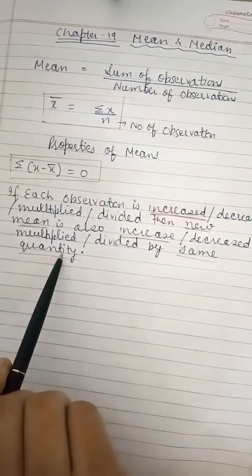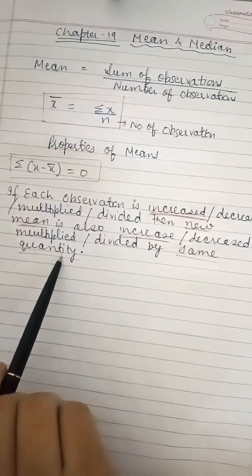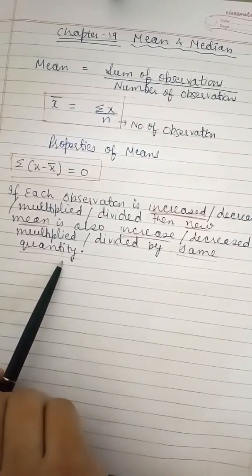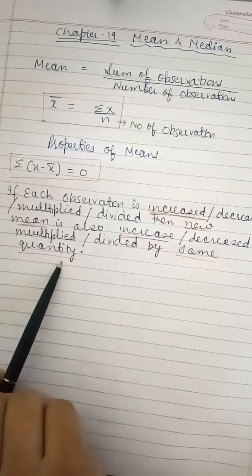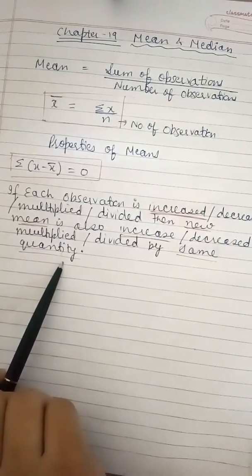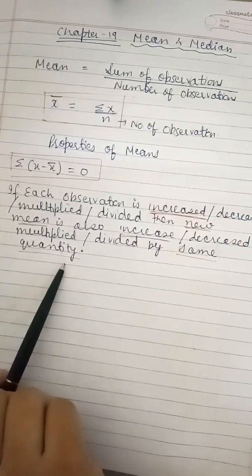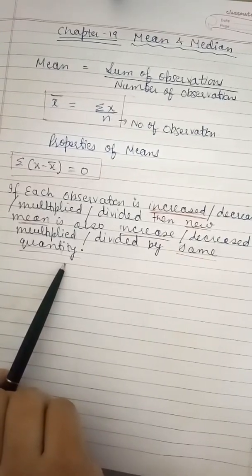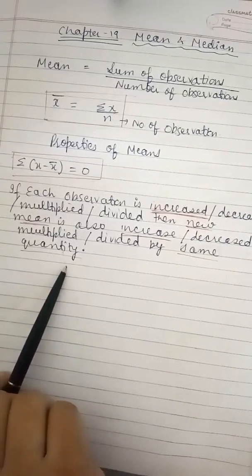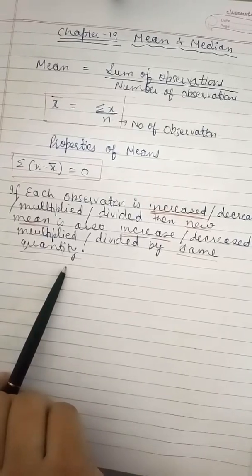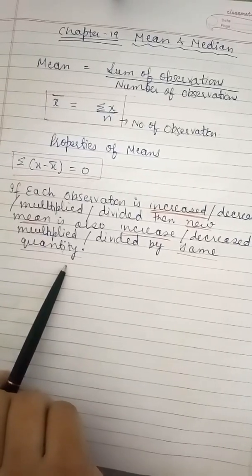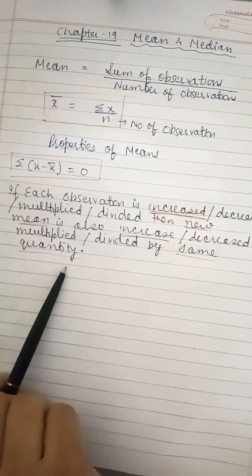For example, you have calculated mean 25 and in the question they ask you to increase each observation by 2. So what is your new mean? Your new mean will be original mean plus 2, that is 25 plus 2, that is 27. So in this way we can calculate the new mean if the quantities are increased, decreased, multiplied or divided.